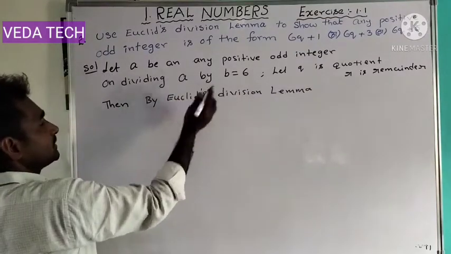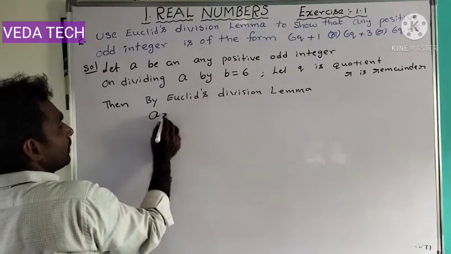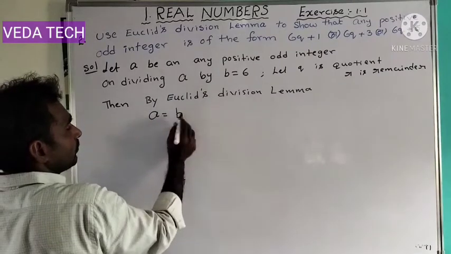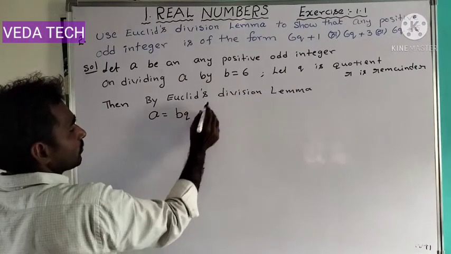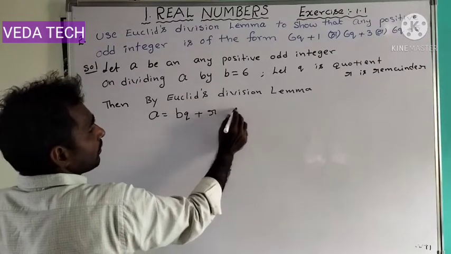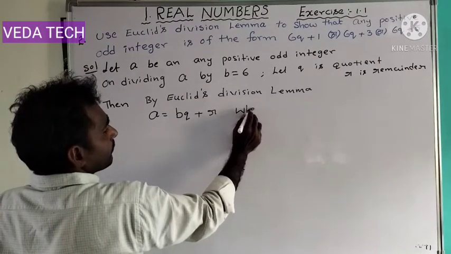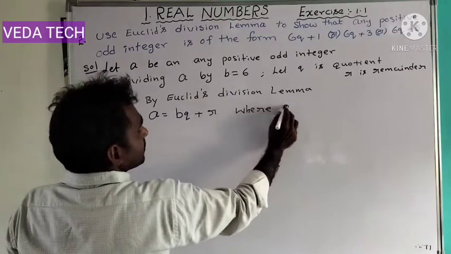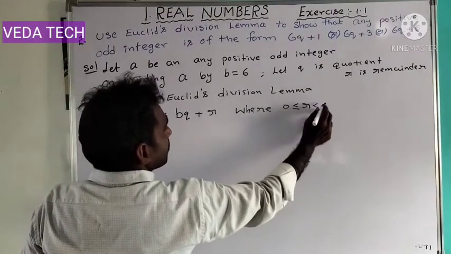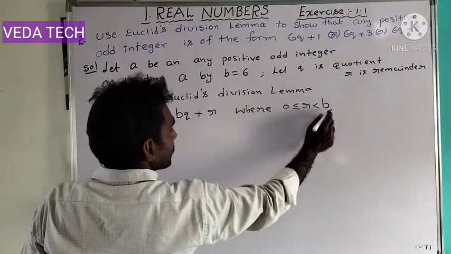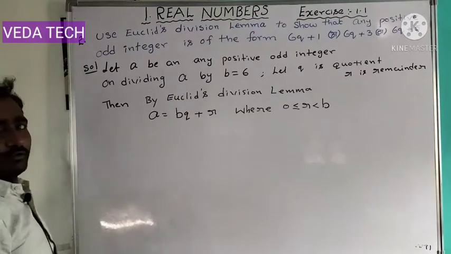Dividend a is equal to divisor b times quotient q plus remainder r, where 0 is less than or equal to r, which is less than b. So here b is 6.